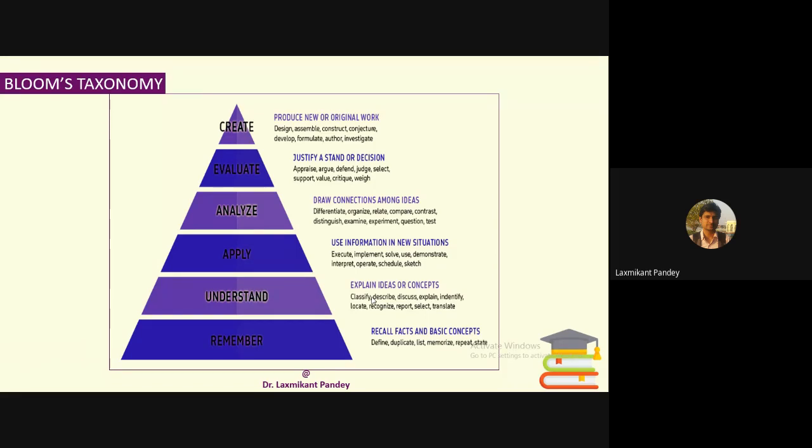So when you are going for any topic, you should know whether the topic is related to remember, understand, apply, analyze, evaluate, or create. And out of that, whatever sub themes are coming in the topic need to be utilized by the teachers to disseminate the information among the students.